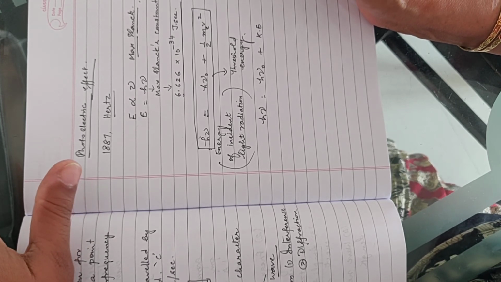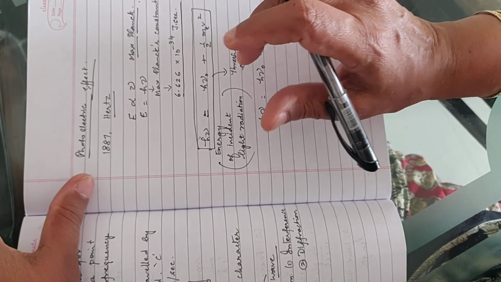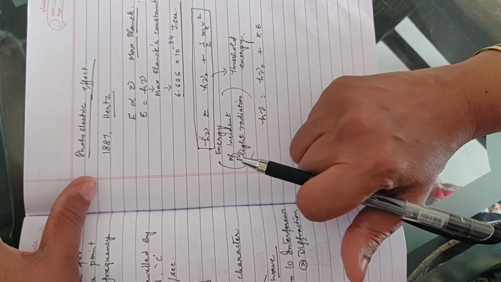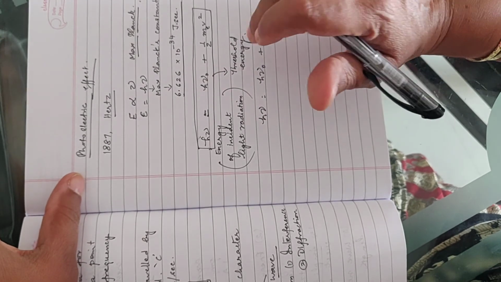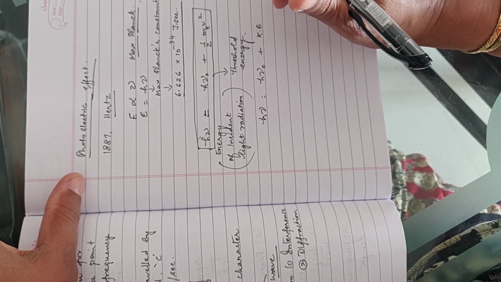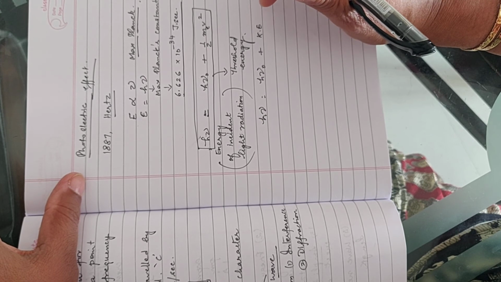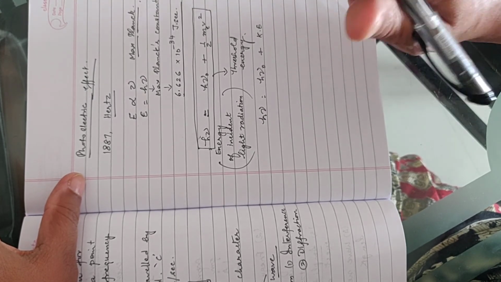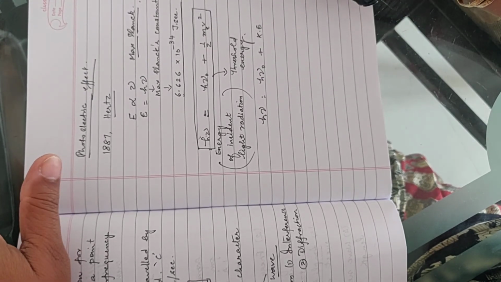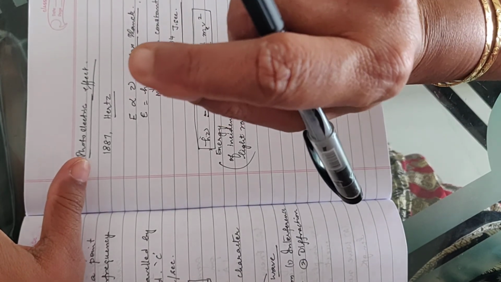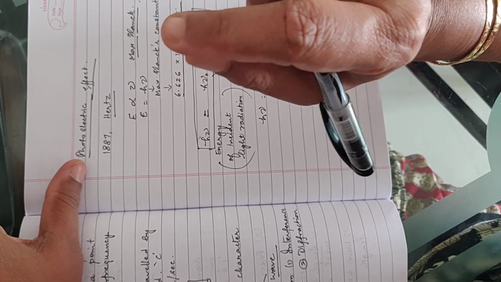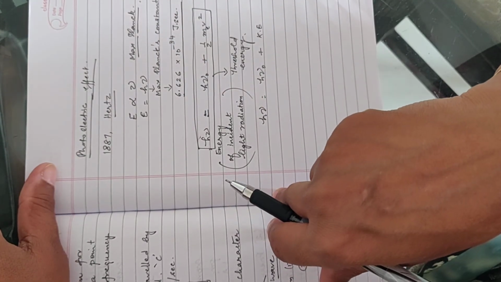So remember, any radiation which is interacting with matter displays particle-like properties in contrast to wave-like properties. So when it is interacting with the matter, it will show particle-like properties.